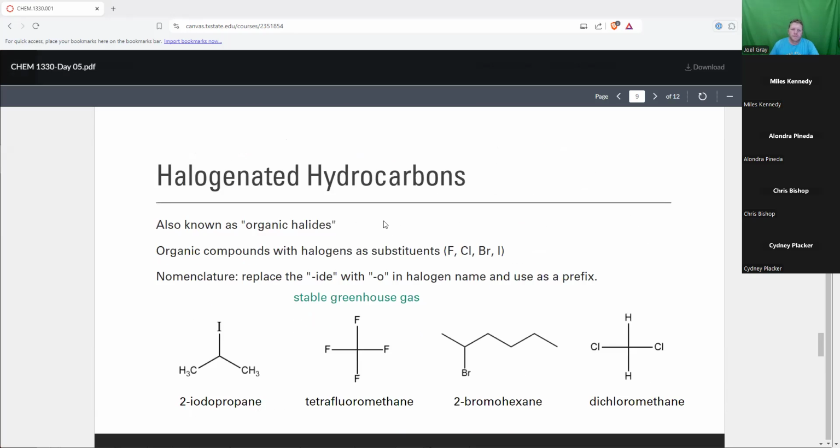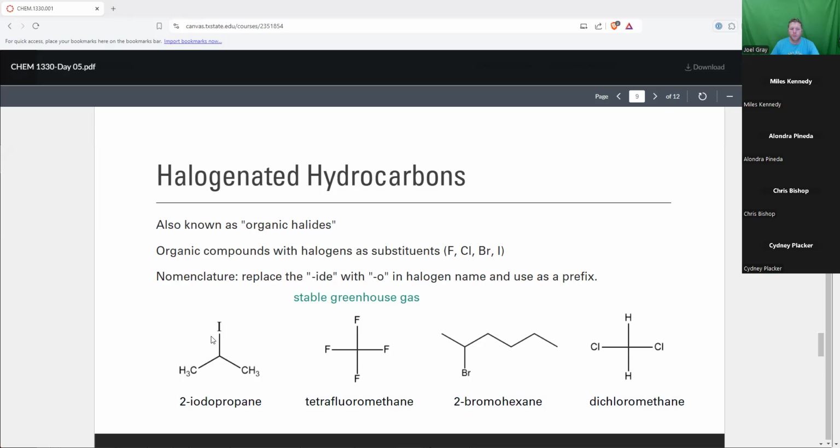Halogenated compounds. These are also known as organic halides. And these are just, you have a molecule, for instance, 2-iodopropane. Propane has 3 carbons. So we've got 1, 2 in the middle, and 3. And on that second carbon is an iodine.